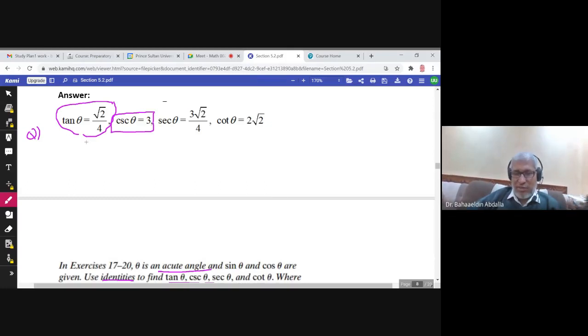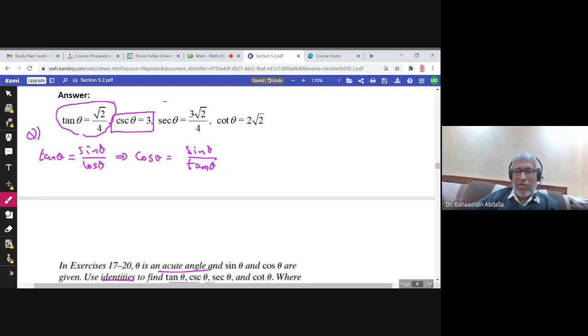Well, I know that tan is sine over cosine. If I need cosine, I will change the place of tan and cosine. So I will have cosine theta equals sine theta over tan theta.